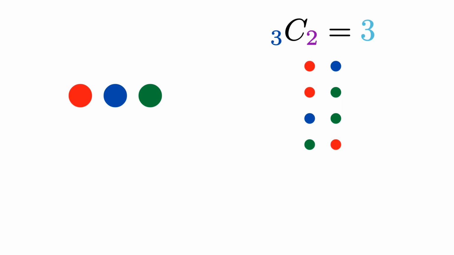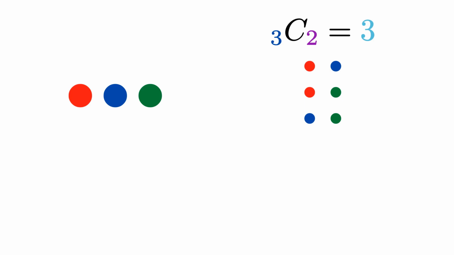Would this be considered another combination? No, this would not, because we already have a group that contains the colors green and red. Remember, red and green is the same thing as saying green and red, and we already have that. So this would not be considered another combination. And there you have it. There would be 6 permutations that we can form and 3 combinations.